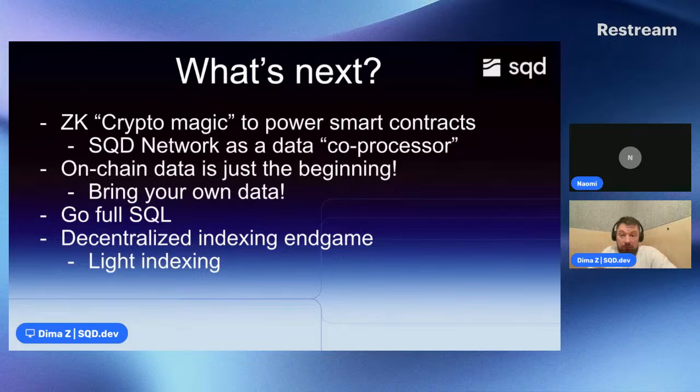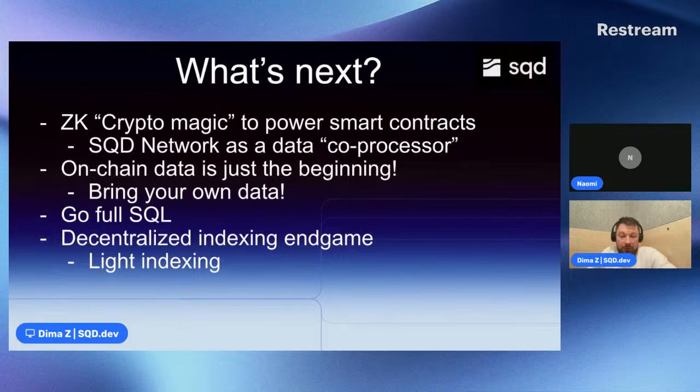Next, on-chain data is just a very niche use case that is very important, but still it's a niche, and it's just the beginning. So what we really want to do is to allow everyone to bring their own data. And it's not necessarily on-chain data, but it may be, for example, price feeds or your favorite data set that you want to be served by the SQD network and enjoy the permissionless access to data.